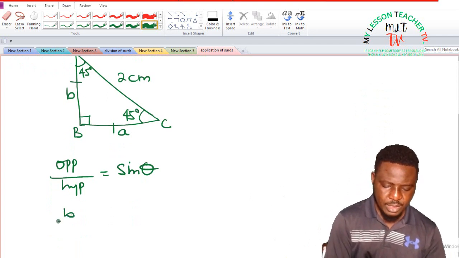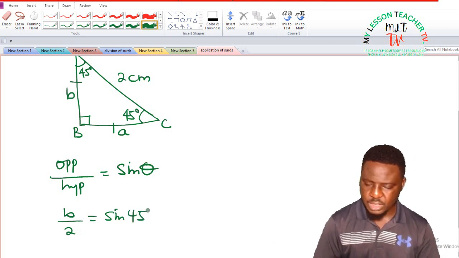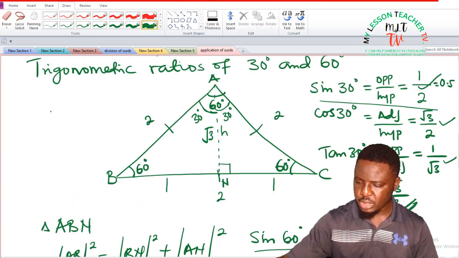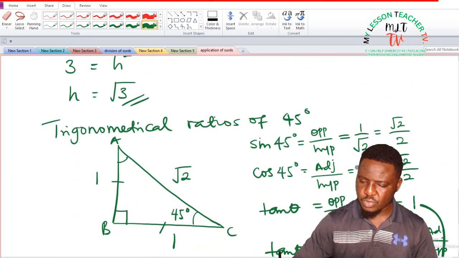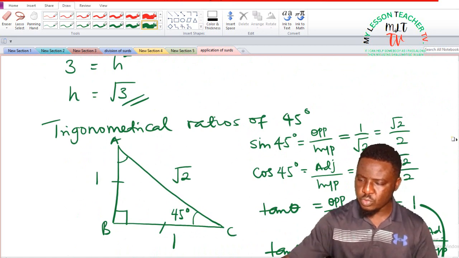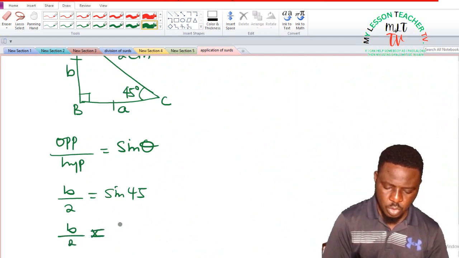Substituting, I have B divided by 2 is equal to sine 45 degrees. And sine 45 degrees, from our knowledge, is said to be 1 over root 2, or root 2 over 2. That means B divided by 2 is equal to root 2 over 2.